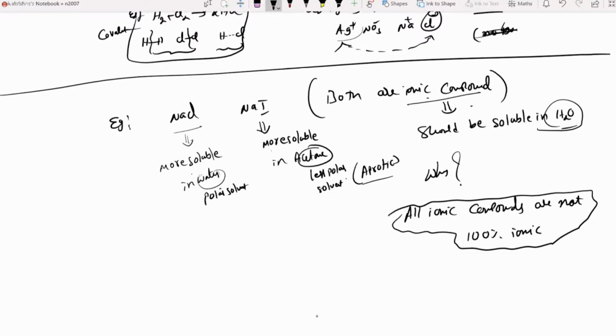This can be explained by polarization, that is, polarizing power and polarizability.